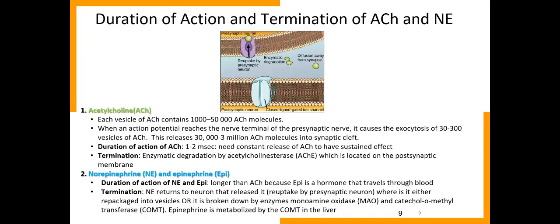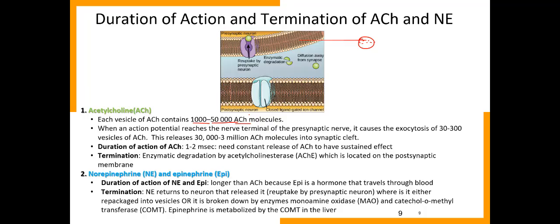All right. When we look at how and how long the actions of acetylcholine and norepinephrine last, this is how it happens. So when you have these vesicles containing ACh, each vesicle of acetylcholine contains between 1,000 and 50,000 acetylcholine molecules.